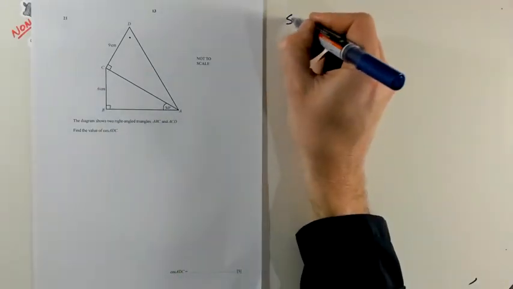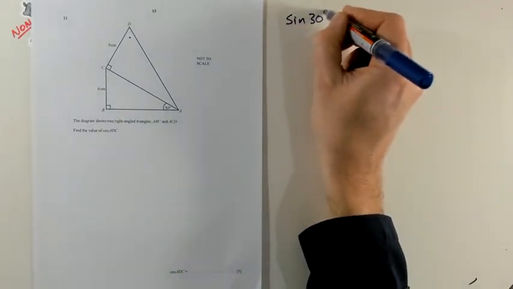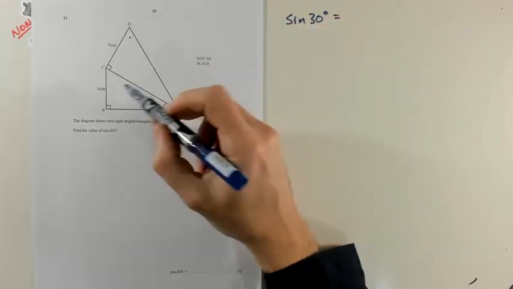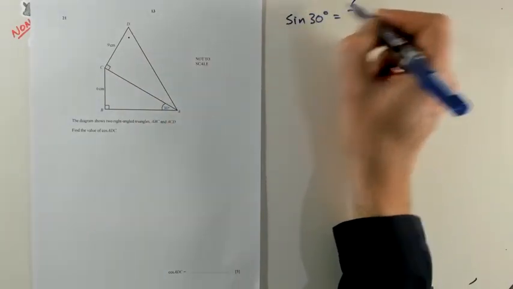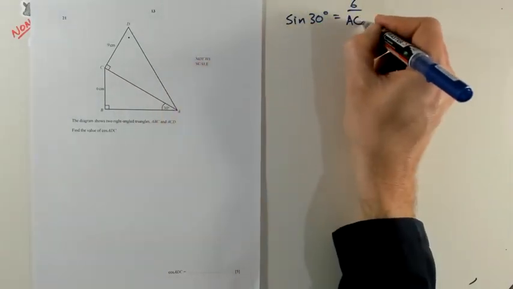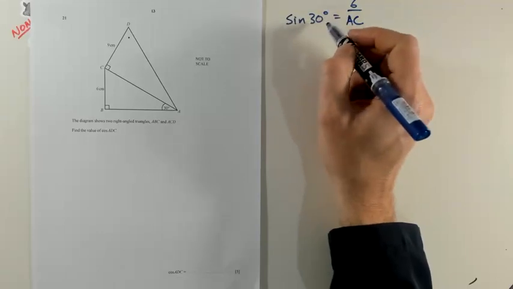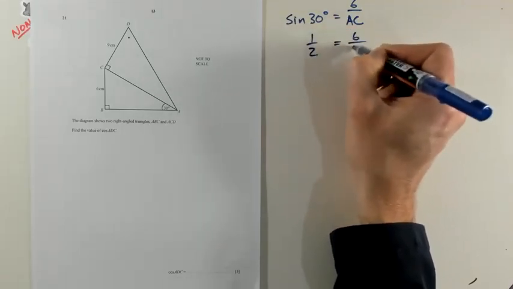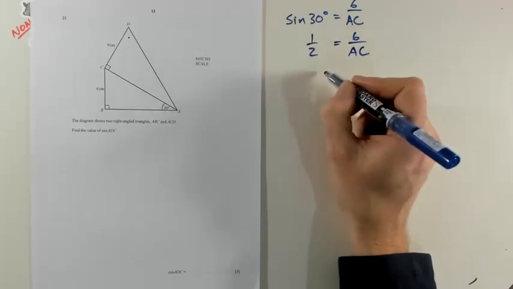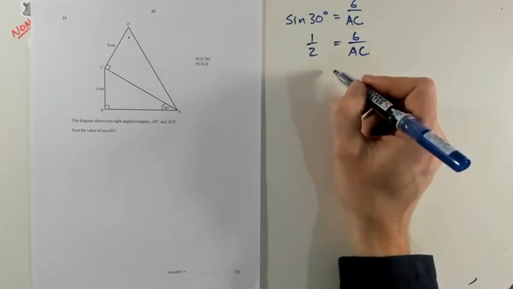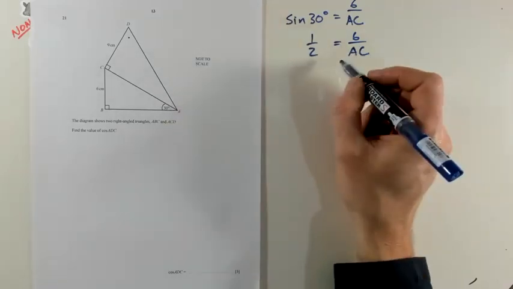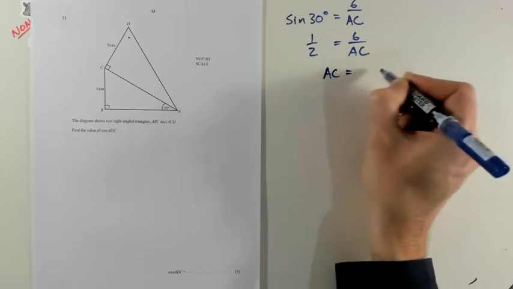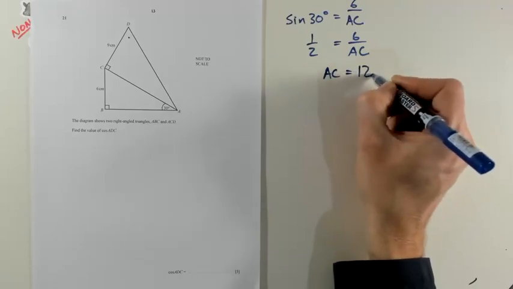So the sine of 30 degrees is opposite, which is 6, over that AC. And I know the sine of 30 is a half, so a half is 6 over AC. If I rearrange this, AC is just going to be doubled, so AC is going to be 12.